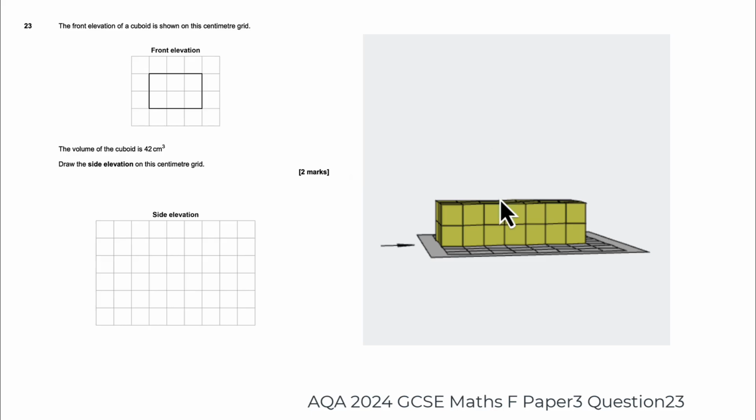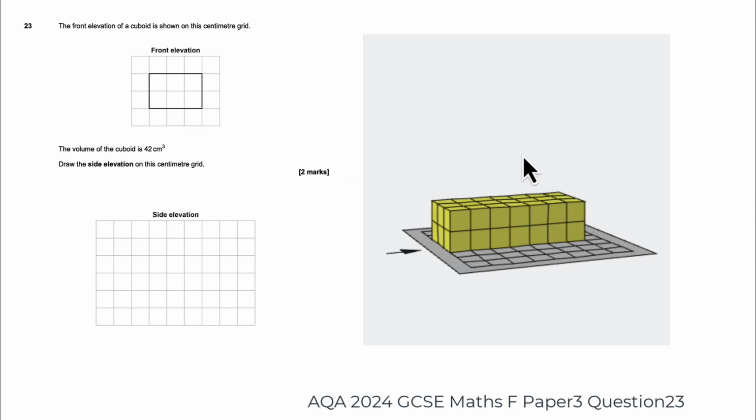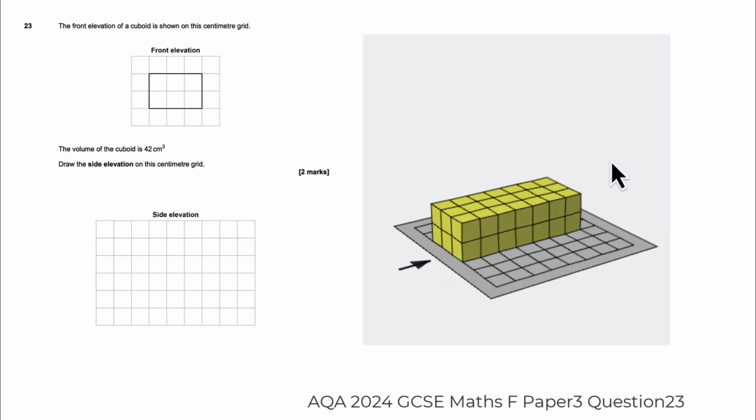There's the side elevation, which has a length of 7 cubes. So the breadth is 3, the height is 2, and the length is 7. And let's confirm: 1, 2, 3, 4, 5, 6, 7 slices, each with 6 cubes in it. 7 sixes are 42.